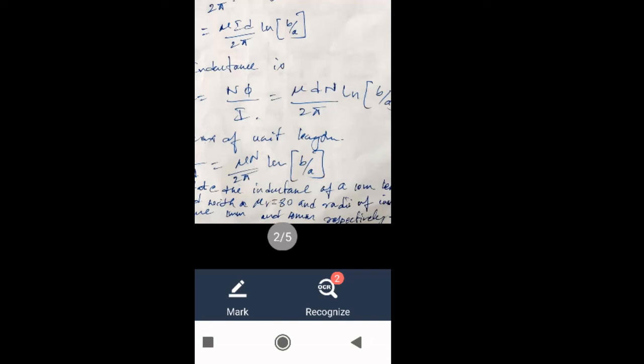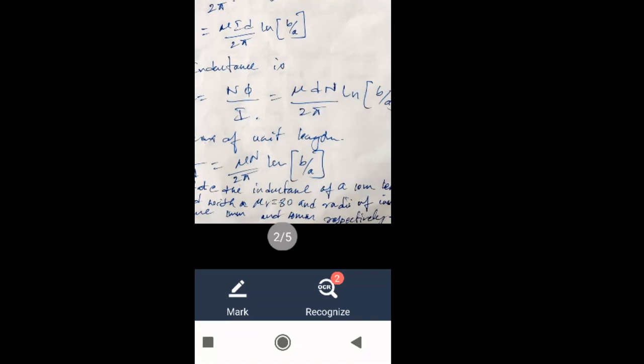The relative permeability μr is 80, and the radii of the inner and outer conductors are 1 mm and 4 mm respectively.